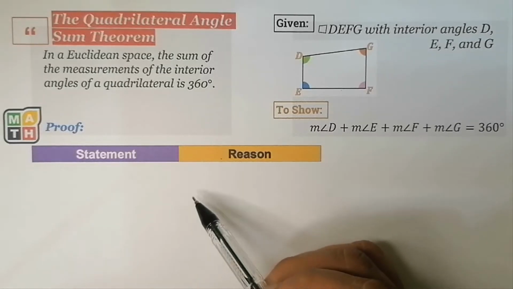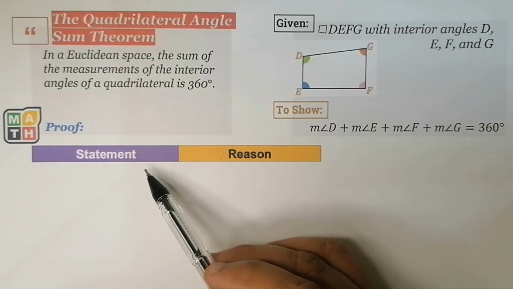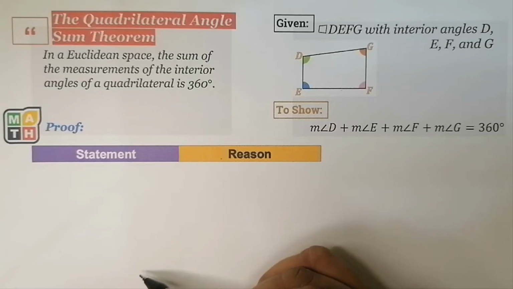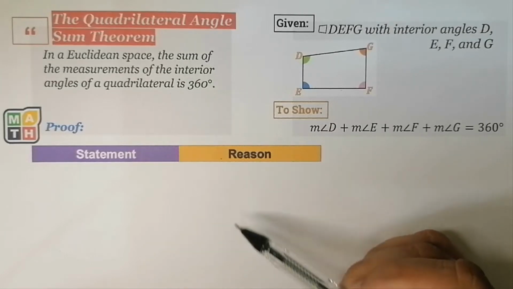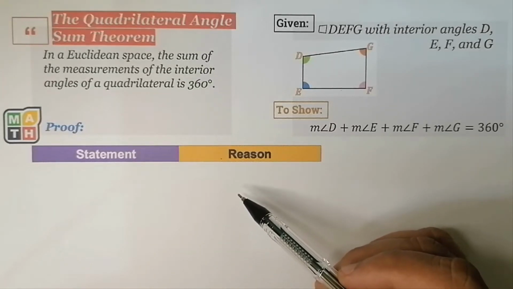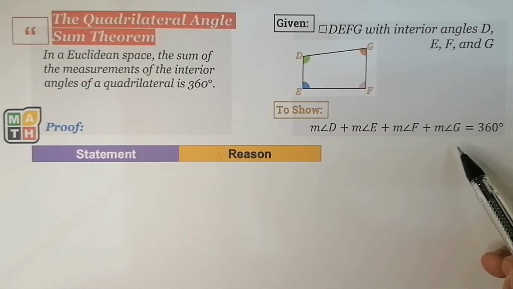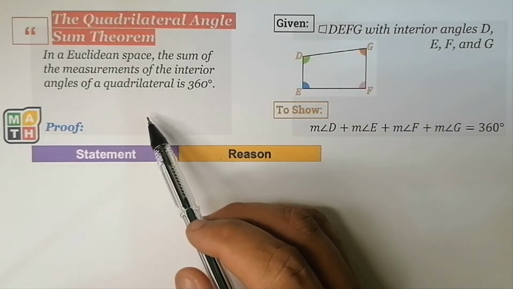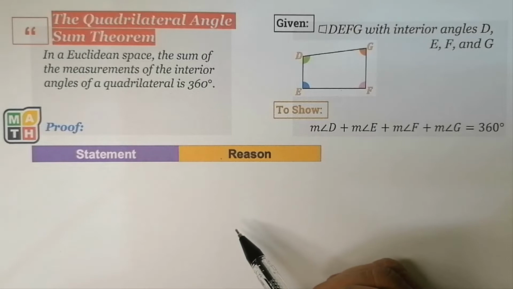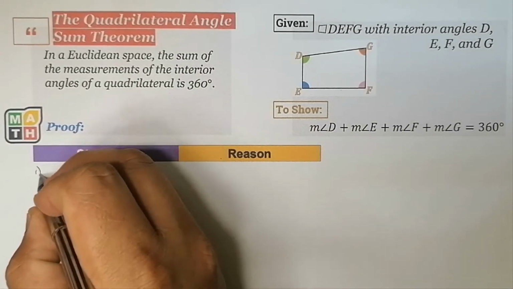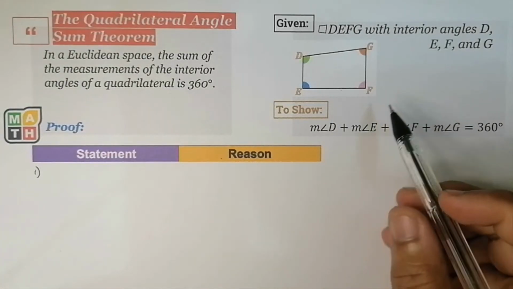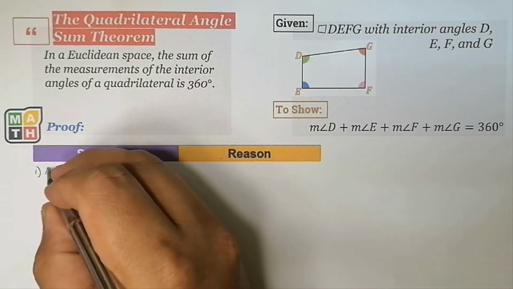We need to show our two-column proof containing correct statements and valid reasons in a logical manner in order for us to arrive at this and definitely prove this a theorem. To do that, our first statement here is what was given. So let's try it here.